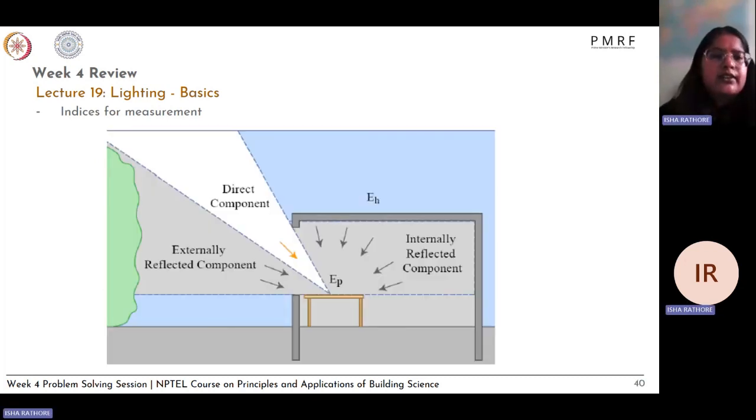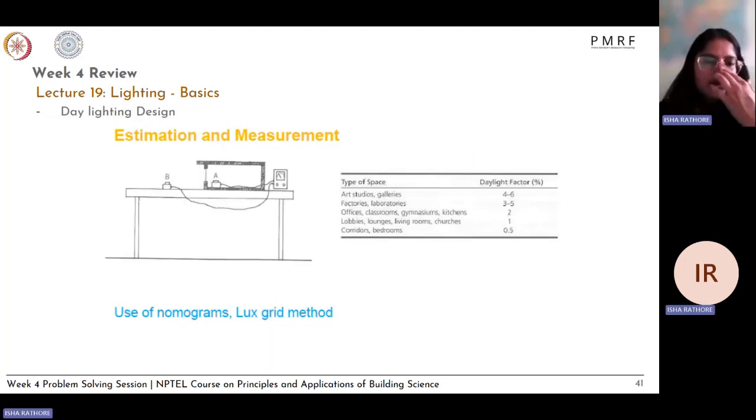Then you have the direct component of sunlight, and you have externally reflected components because of certain obstacles in the path of light, basically. And then you also have internally reflected components, which are based on the reflection from the inside of these spaces. Then you have different measures for measuring the daylight.